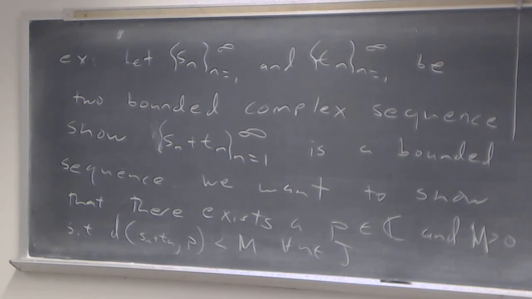Okay? So that's what we want to show. What am I writing down? What am I using? What do we need to use to get the conclusion of what I'm being asked to do? What is this?